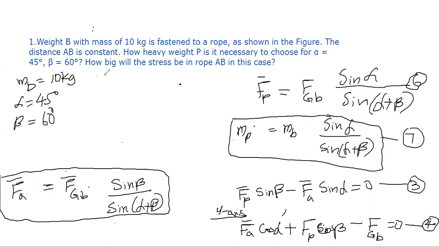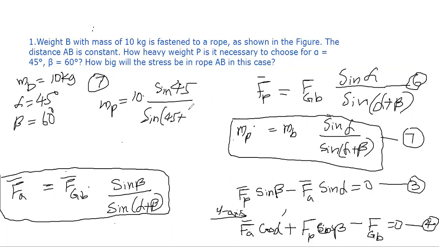Let us substitute in equation 7. What we will get is mass of P is equal to 10 times sin 45 divided by sin 45 plus 60.